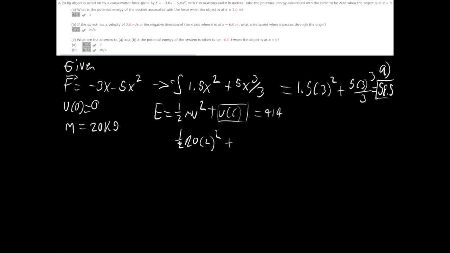And then 1/2 times 20 times 2 squared is going to be 40. So if we add that up, it's going to be 454.